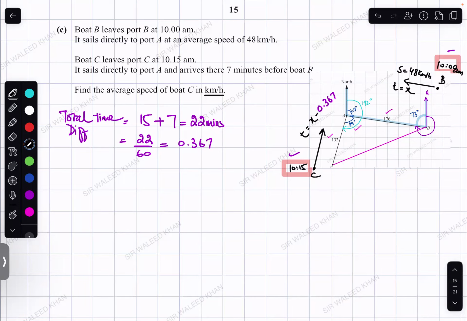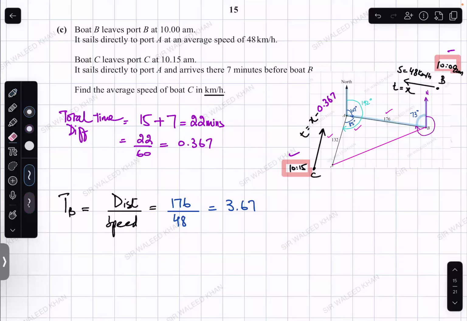For boat B, I have the distance, I have the speed, so I can easily figure out the time. So time for boat B is distance over speed. So the distance is 176 divided by the speed, 48. So 176 divided by 48, it's 3.67 hours.